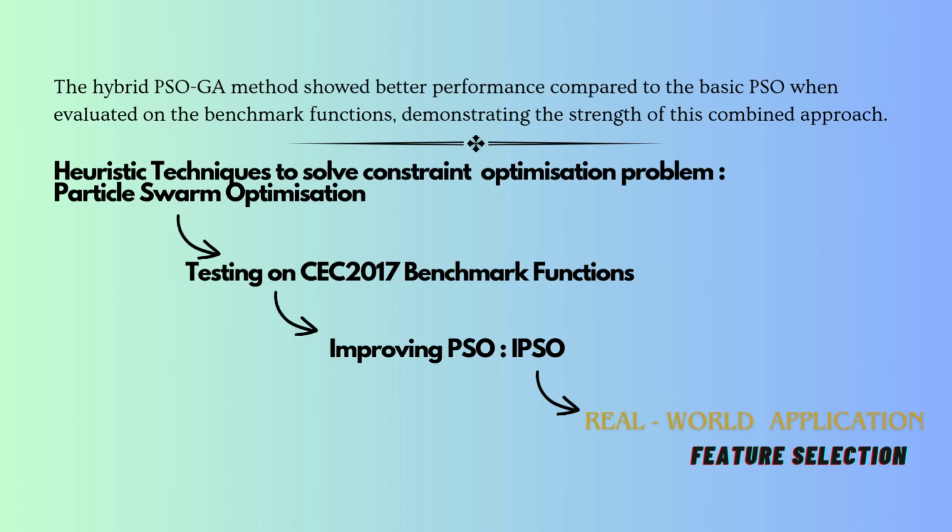To sum up, integrating genetic algorithm principles into particle swarm optimization created a more robust and adaptive optimization framework. This hybrid model capitalizes on the strengths of both methods, resulting in improved performance in complex optimization tasks, one of which I am using, which is feature selection for predicting diabetes.